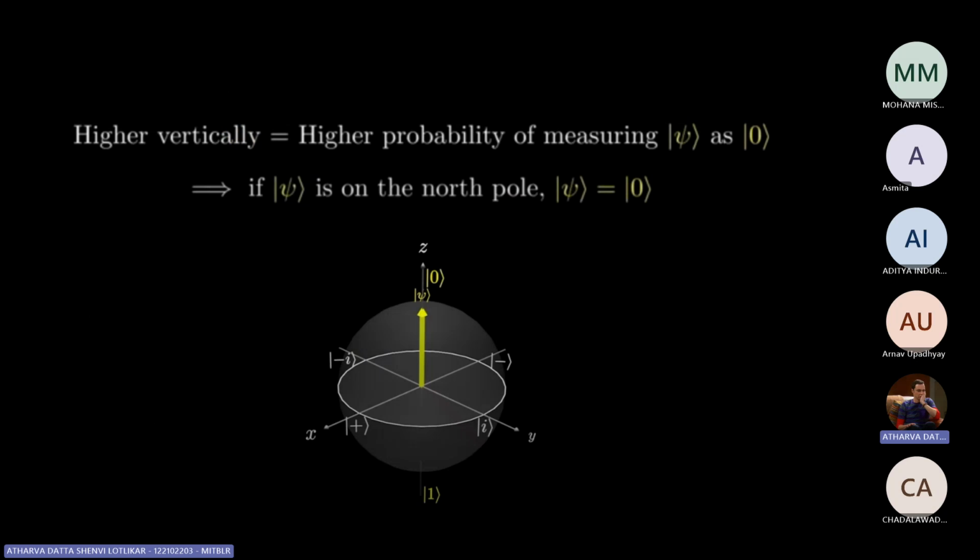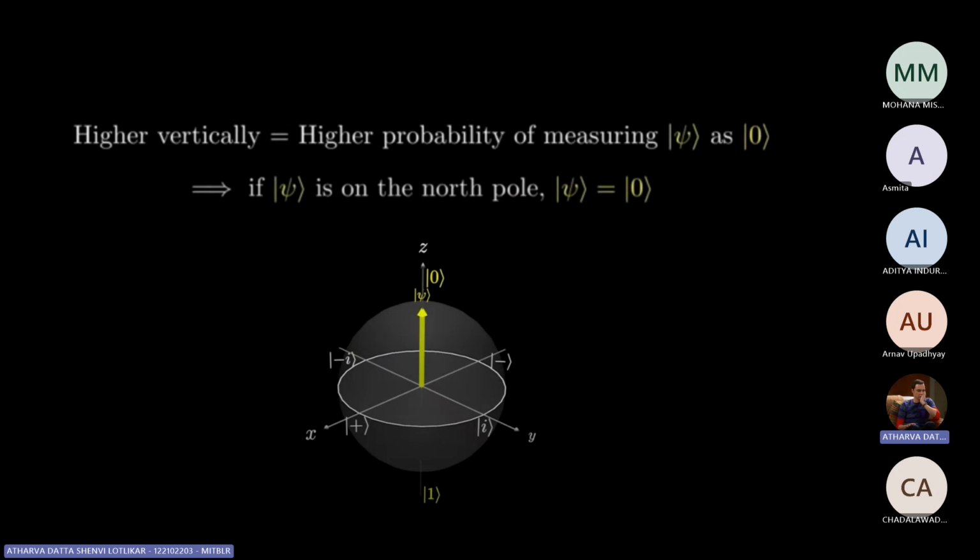If we have a point which is higher on the z-axis, where the z-axis north is your ket vector 0, the more north you go, it means that there's a higher probability of measuring that qubit as a ket vector 0. If we are at the tip of it, that means the probability that the ket vector is 0 is high, that's 1.